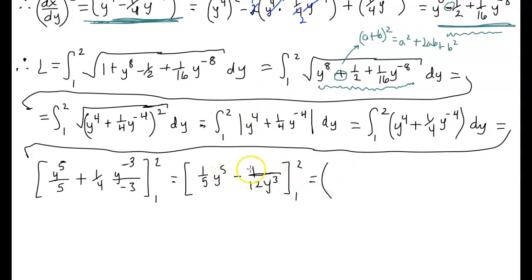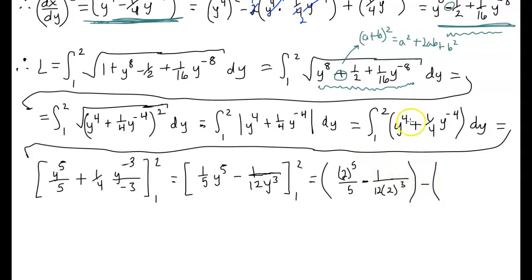And so now we just plug in 2 for y first. If I do that, that will be 2 raised to the 5 divided by 5 minus 1 over 12 times 2 cubed.